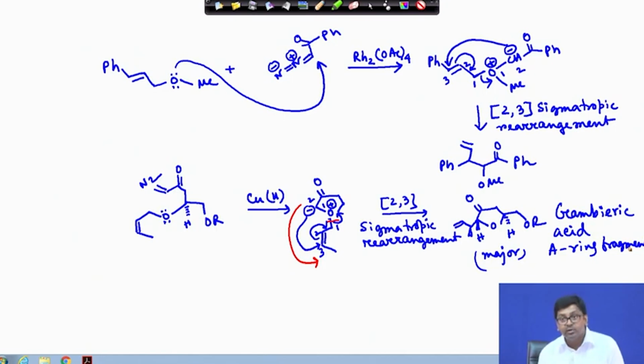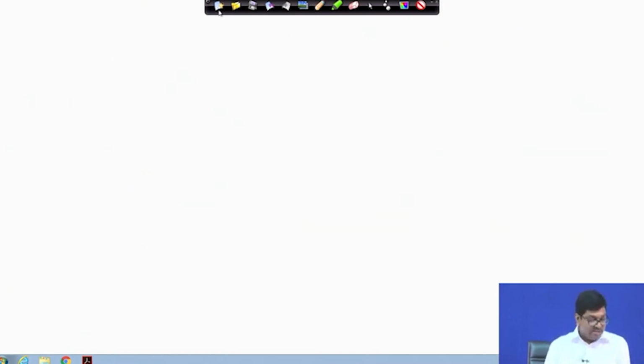In some cases it goes as a cycloaddition, in some cases it goes through different types of sigmatropic rearrangement reactions. Now, we will see how this sulfonium ylide can form. Okay.